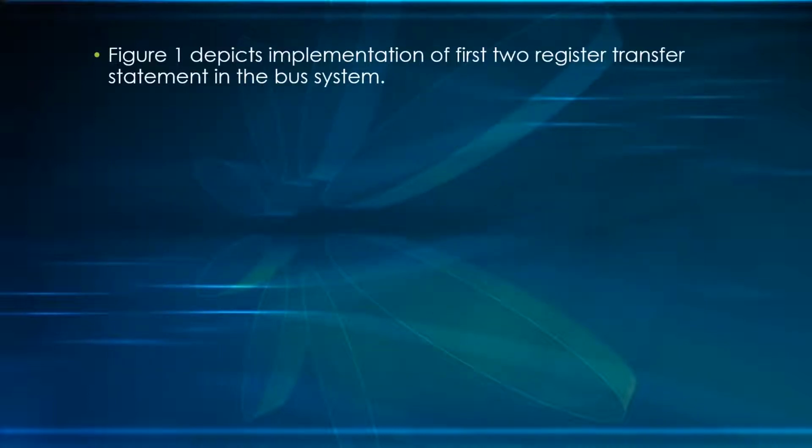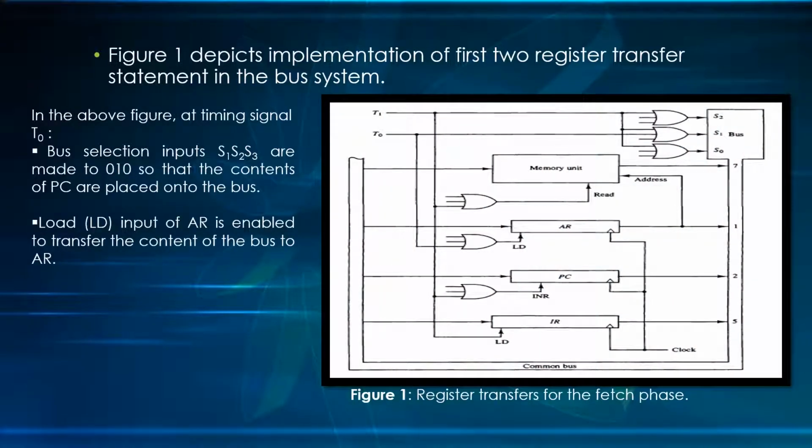In the first register transfer statement in the bus system, to provide the data path for the transfer of PC to AR, we need to apply timing signal T0 to achieve the following connections. 1. Bus selection inputs S2, S1, S0 are made 010 so that the contents of PC are placed onto the bus. 2.